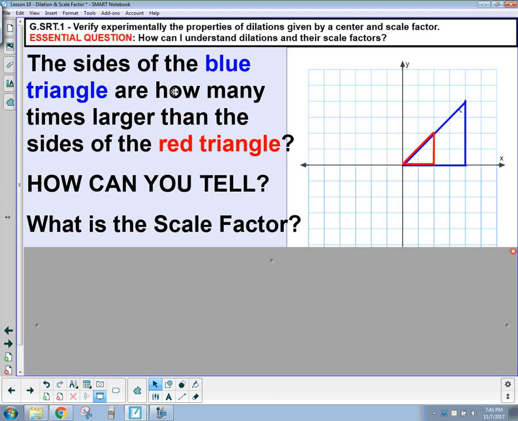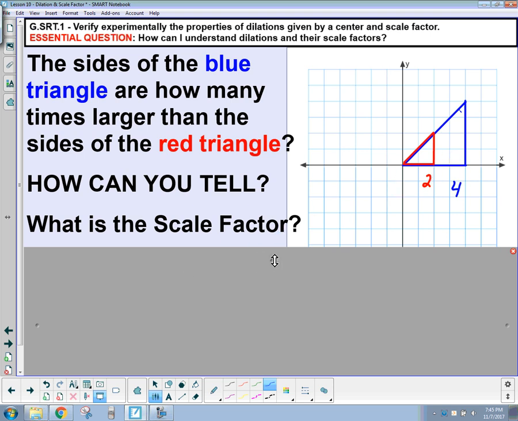So, the sides of the blue triangle are how many times larger than the red triangle? Let's count. So we got 1, 2. Here, let's use my marker. 2 for red. And blue, let's see, 1, 2, 3, 4. Well, 2 times 2 is 4, so blue is going to be twice as big. How can you tell?